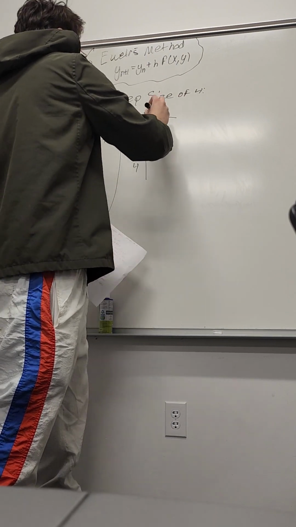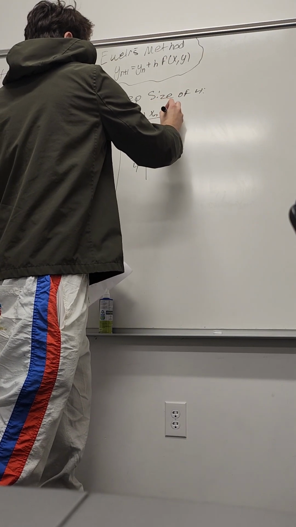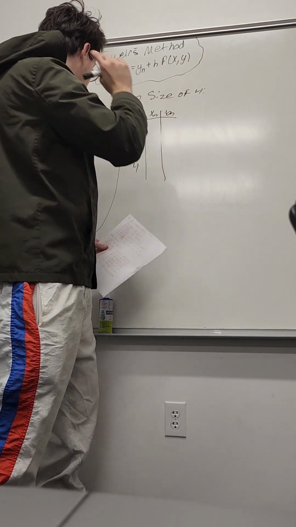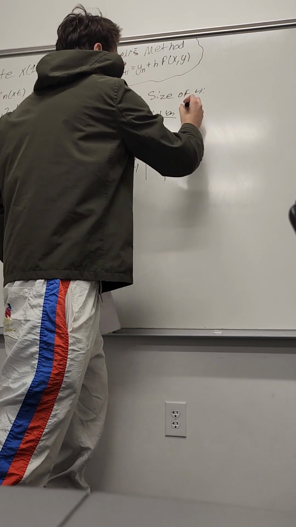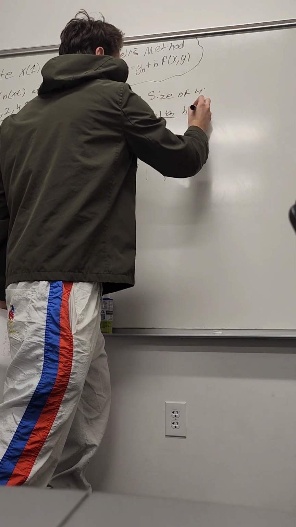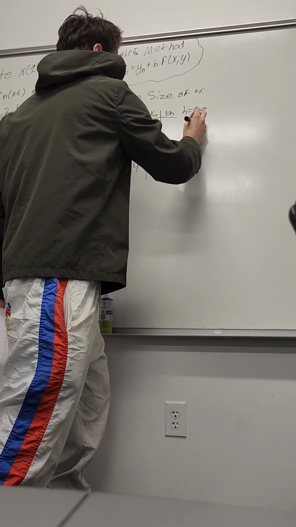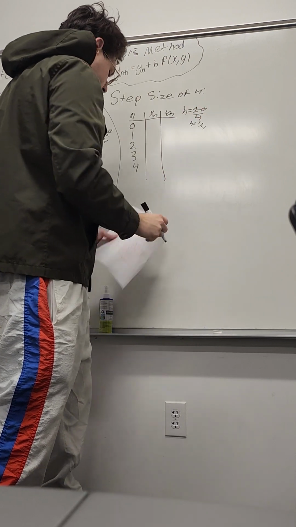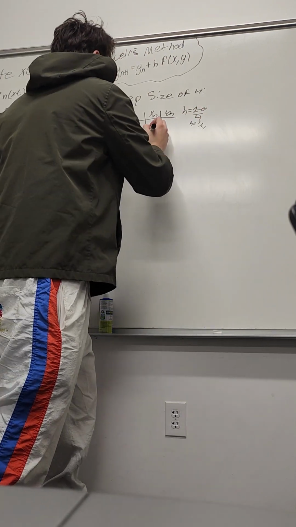Alright, so what is going to be our heights? That's just going to be 1 minus 0 over 4, so our heights are just going to be in quarters. Okay, let's write that down.